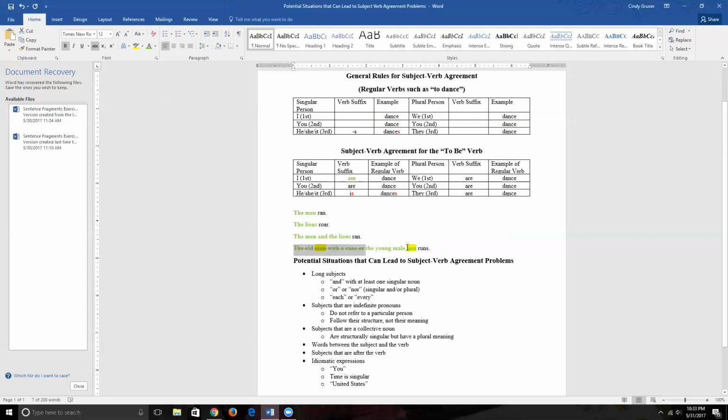So we say the young lion runs, same scenario. We are going to add the S. So, or when there are 2 participants, so to speak, on both sides of the or singular, we use a singular verb. A singular verb, strangely, has the S on it.